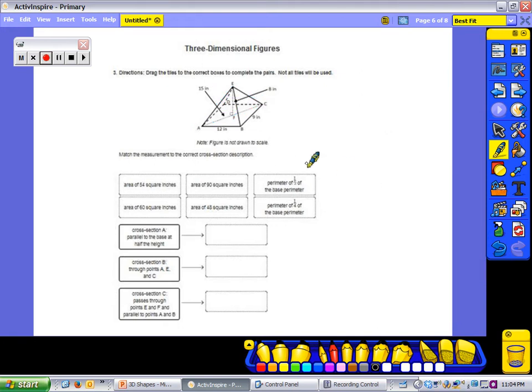Okay, so E and F and parallel to points A and B. So E and F, let me get a color going.